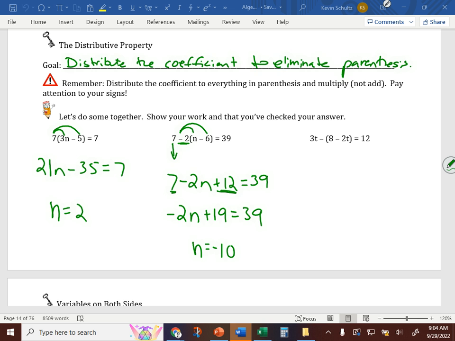Next one. What am I distributing? Kaylin? Isn't there an invisible one there? There is. My poster in the back, that hidden math, shows all those things that we don't write because we're lazy. 10 is really 10.0. Can also be 10 over 1.